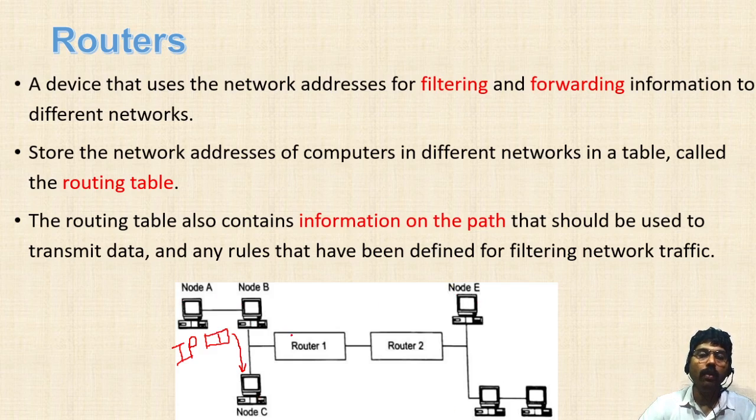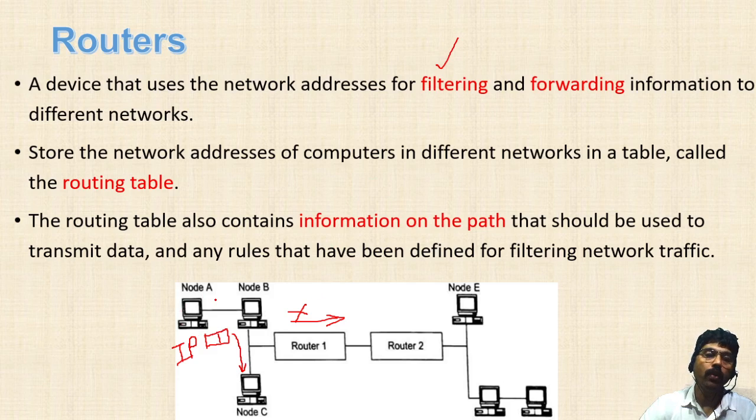Now it understands, being more intelligent than the past devices, that the IP address is for a local machine. So it will never send that packet to the outside. This is called filtering.